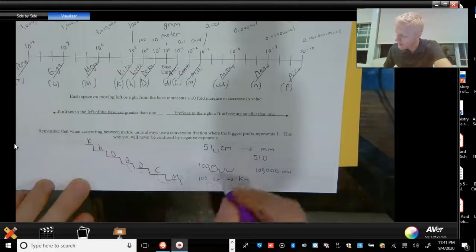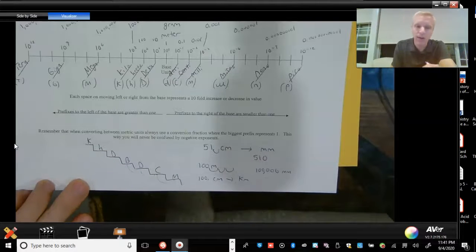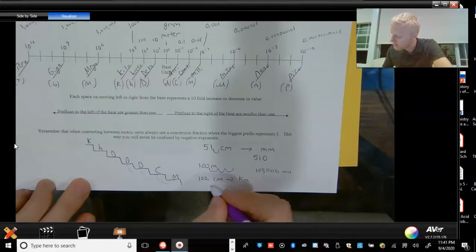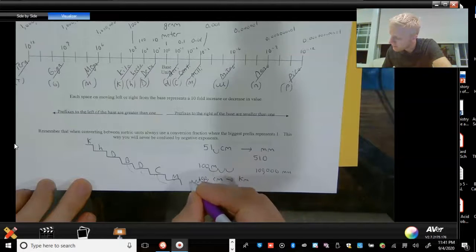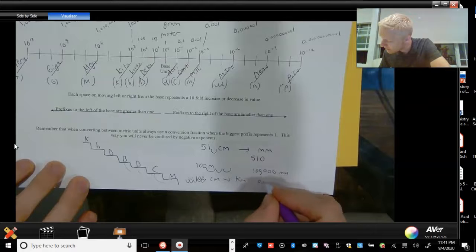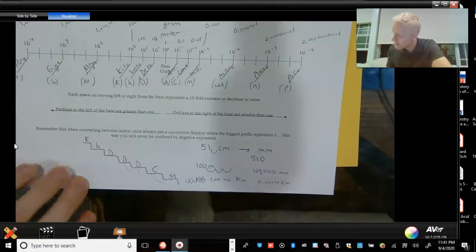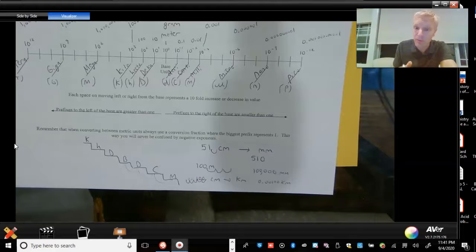So where's my decimal? Right after the last zero, and I'm moving 1, 2, 3, 4, 5. So I got to add 2 zeros. So really this is like 0.00100 kilometers. So 100 centimeters is equivalent to 0.001 kilometers.